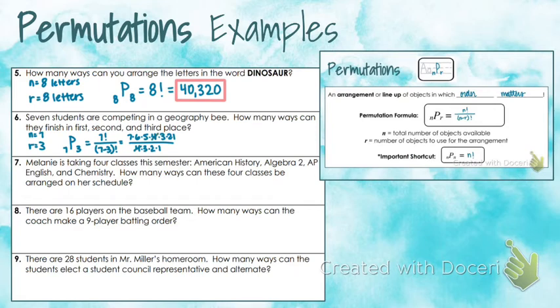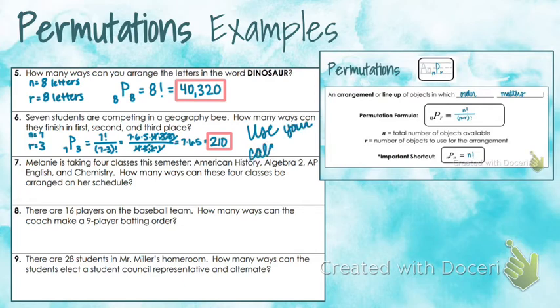And then these would cancel. And we would get 7 times 6 times 5, which equals 210 different possible ways that they could be placed. But I would rather you guys just get used to using your calculator.